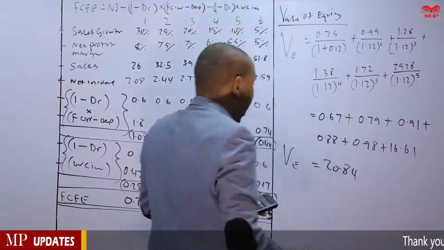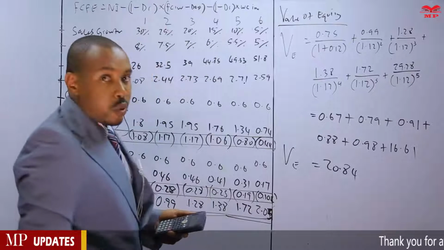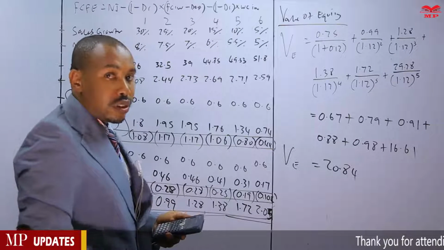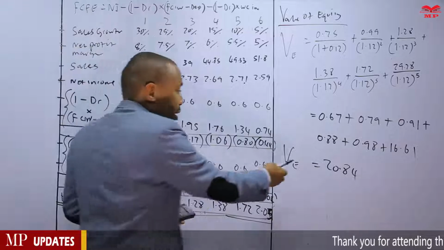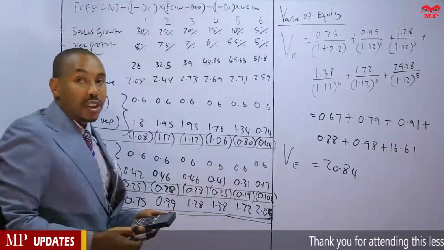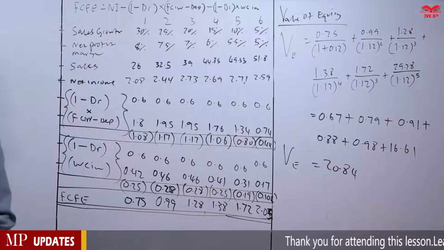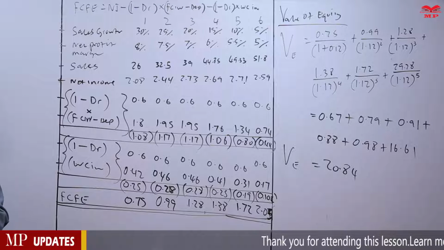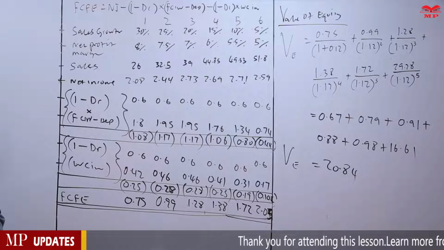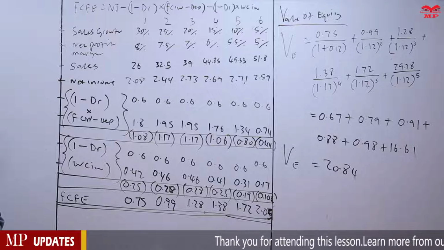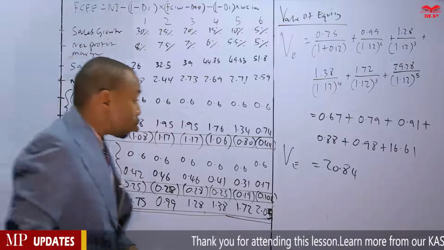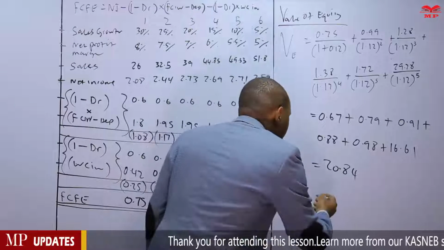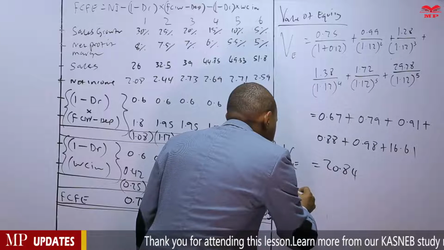That is the value of equity. If we want to get the per share value of equity, then we need to divide this by the number of shares outstanding. The number of shares outstanding is 1 million. So the per share value of equity is 20.84 per share.